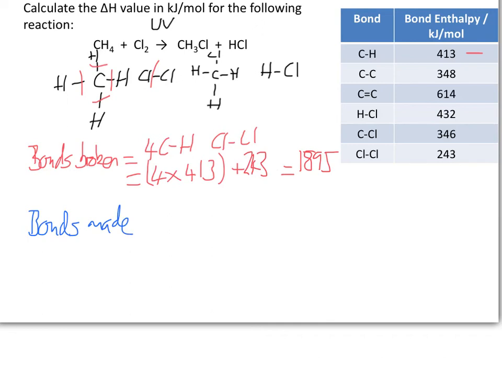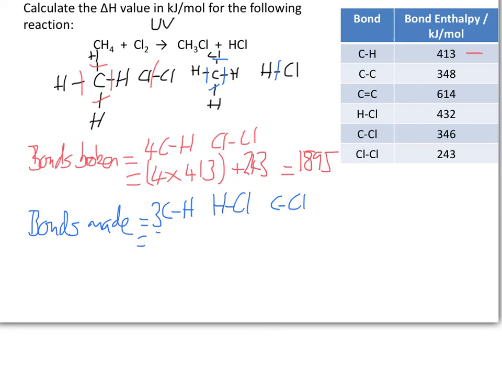Right, now let's have a look at the bonds made. So what kind of bonds have we made here? Well, we've made 3 C-H bonds, we've made 1 H-Cl bond, and we've made 1 C-Cl bond. So let's put that together in a calculation.